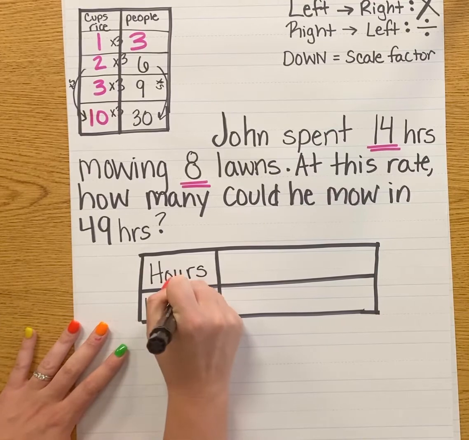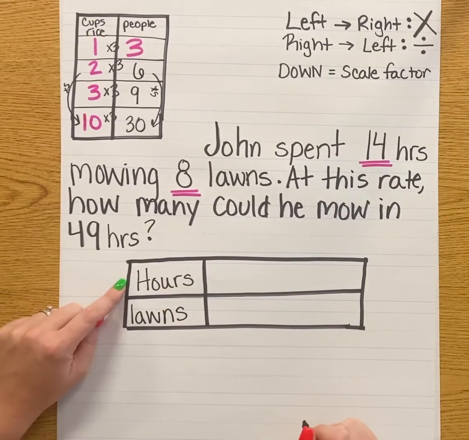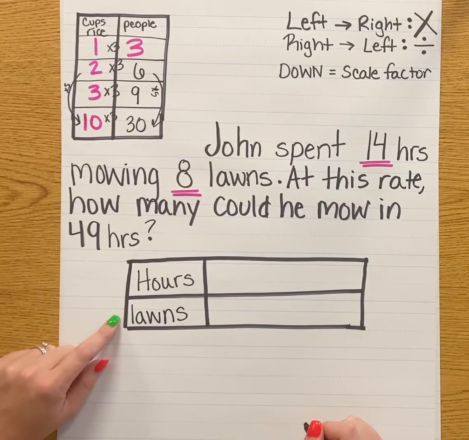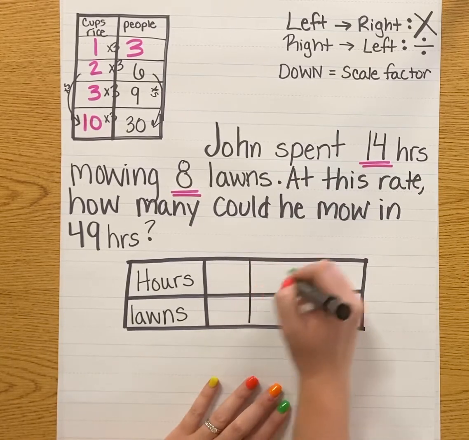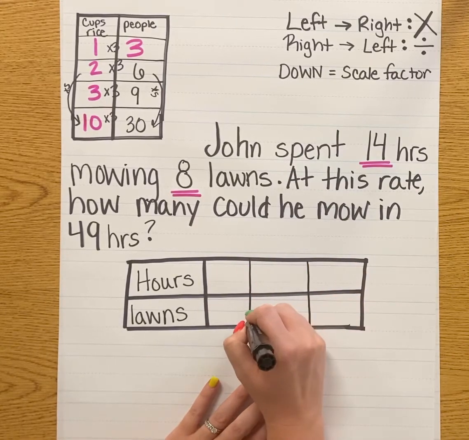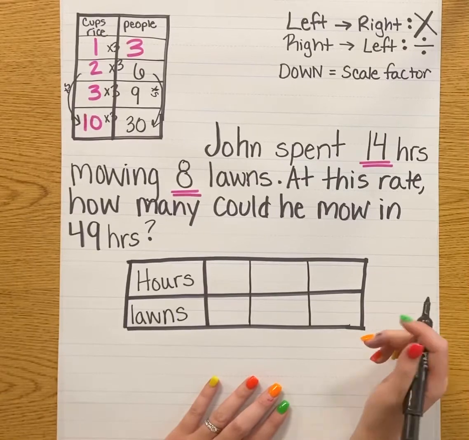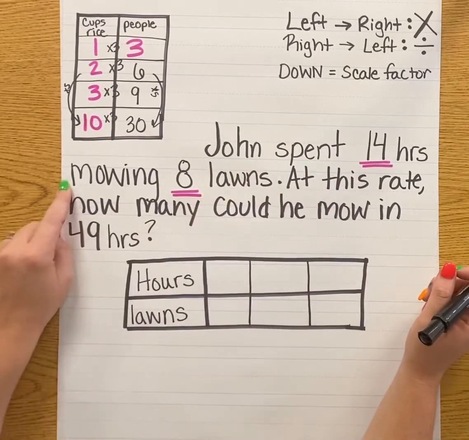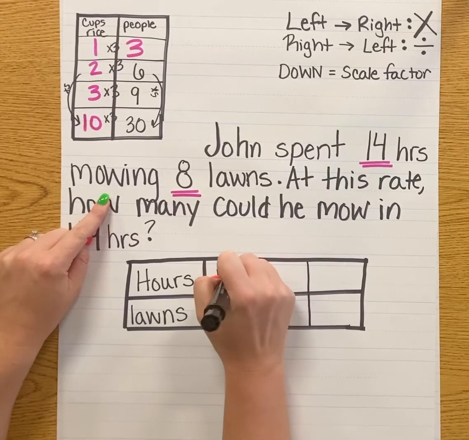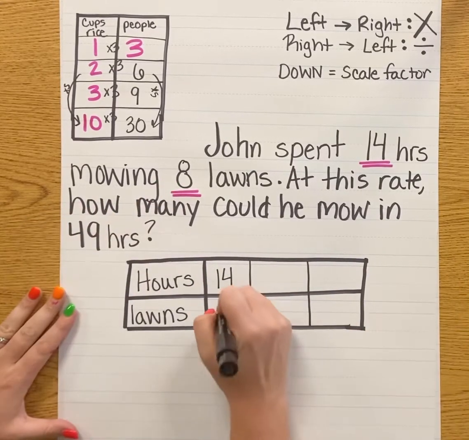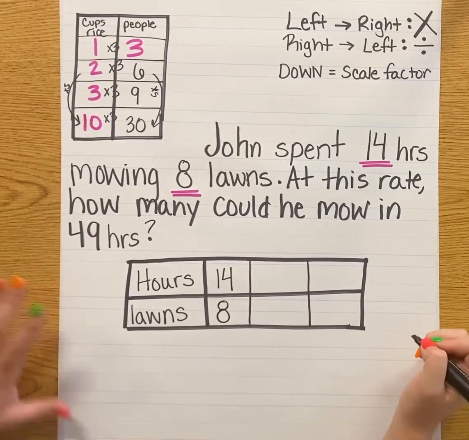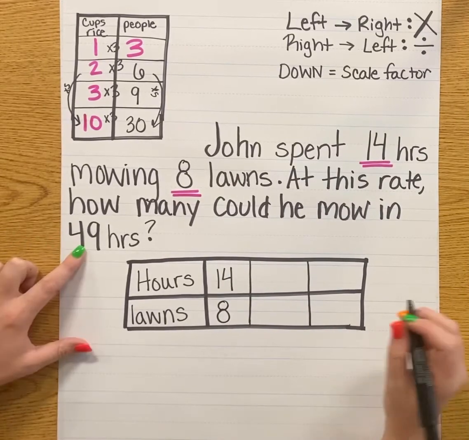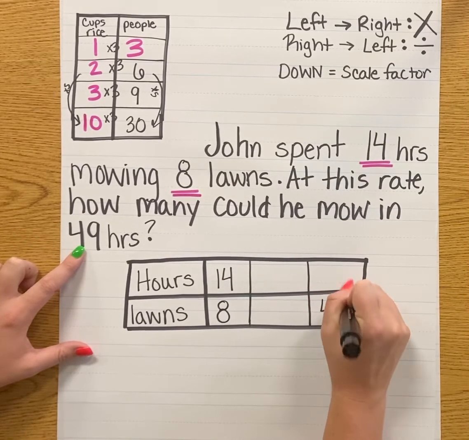So, number of hours and lawns. Okay, so I am going to split this chart into 3 sections, well technically 6 sections, 3 columns, and I am going to fill in my information. So he spent 14 hours mowing 8 lawns. How many could he mow in 49 hours?